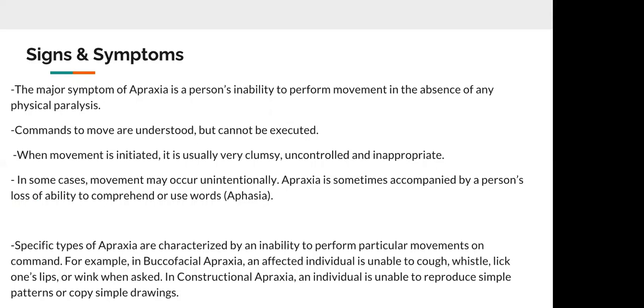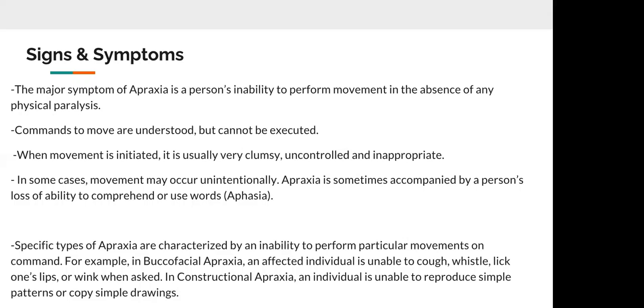In some cases, movement may occur unintentionally, involuntarily. Apraxia is sometimes combined with aphasia, a loss of the ability to use words. As I said, there is the specific type of apraxia.